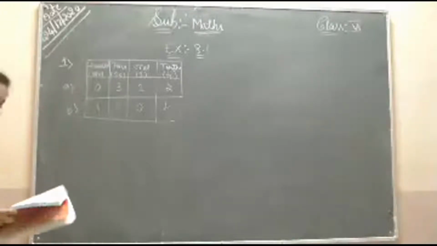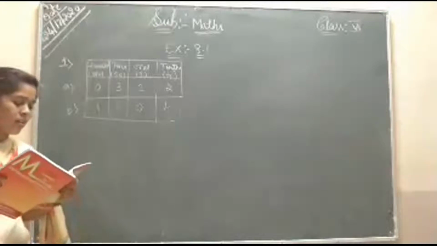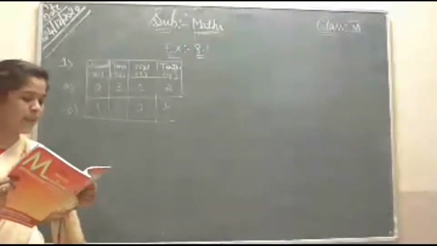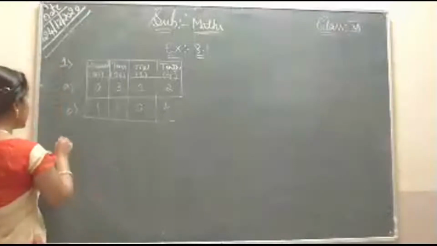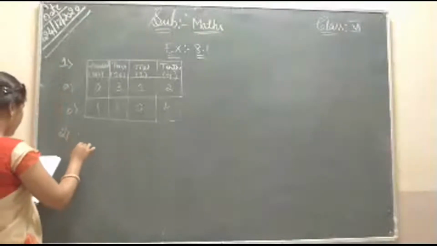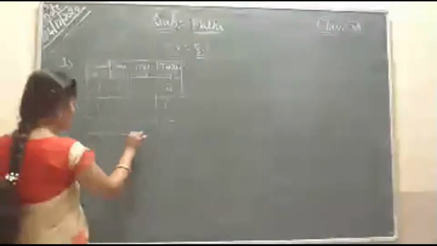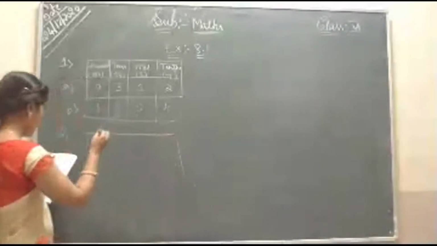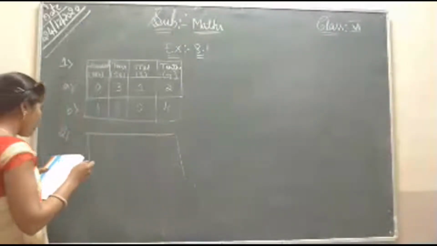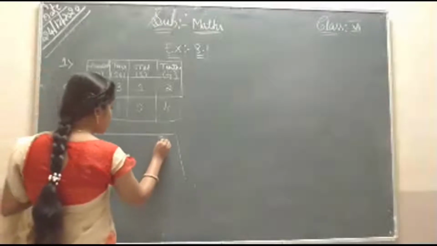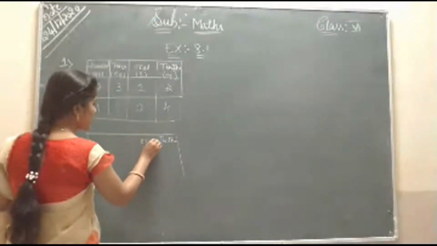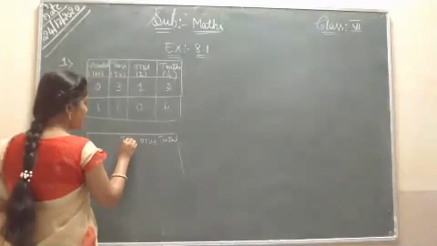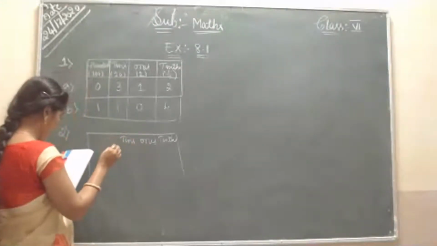Next, coming to the second question. Write the following decimals in the place value table. Here also we have to write in a place value table. So how do we write the place value table? We know the place value table has tens, ones, tenths, and hundreds.